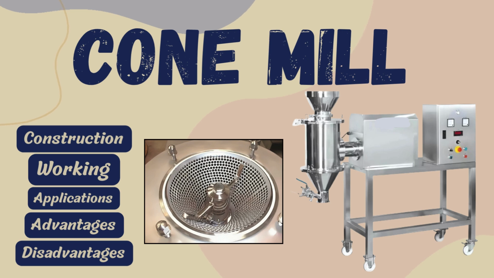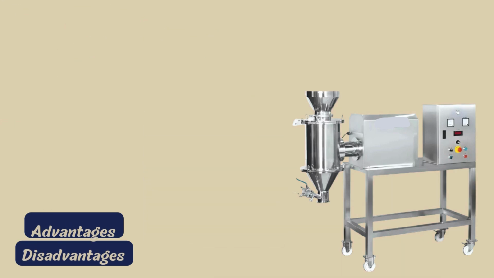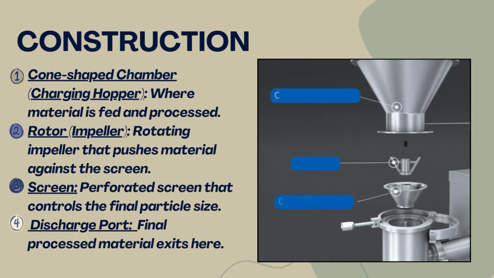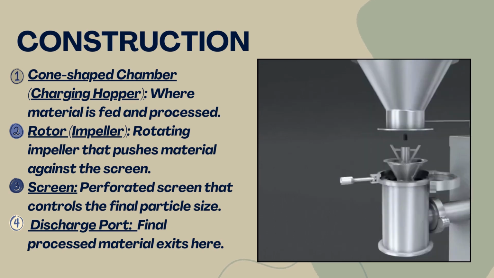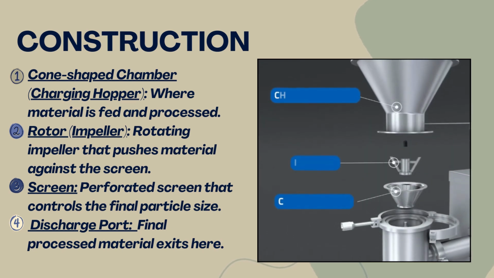Okay, so to start the video, we are going to the first section, which is the construction of cone mill. To understand the construction of cone mill in a simple and easy way, we have divided it into 4 components, which are the cone shaped chamber, which is particularly the heart of cone mill, then the rotor, screen and discharge port.